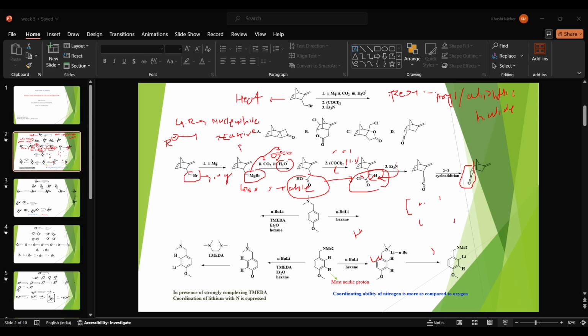So the difference between the two conditions is that in one case we have only n-butyl lithium, and in the other case we have n-butyl lithium along with the TMEDA ligand that we are using.